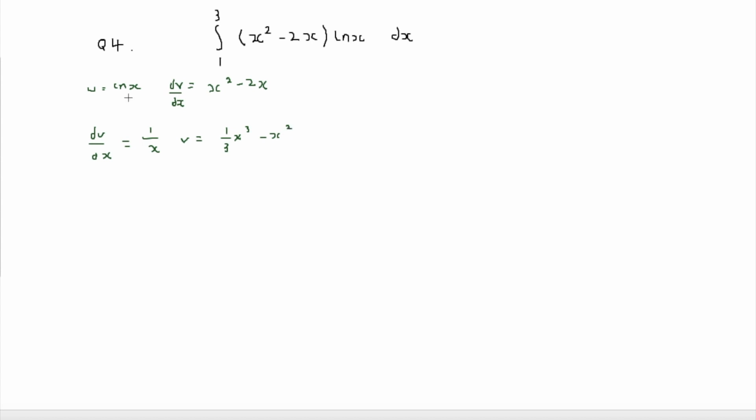So therefore, we've got uv at the start, so we can say that this is going to be ln x times a third x cubed minus x squared.